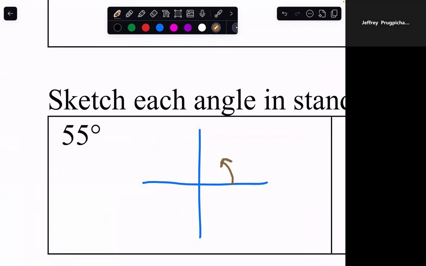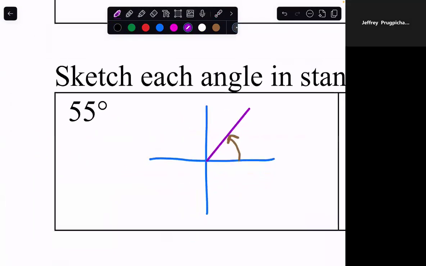And then I am looking for this arrow that shows what direction you rotated. And then you're going to draw in what we call the terminal side of the angle. Okay, so this is all I would need to see.